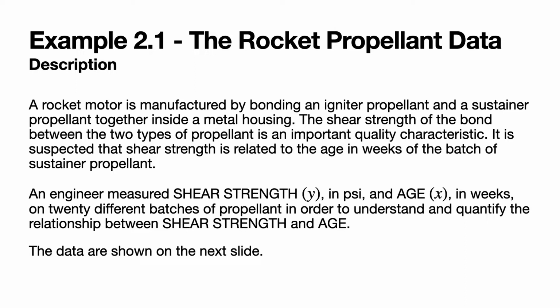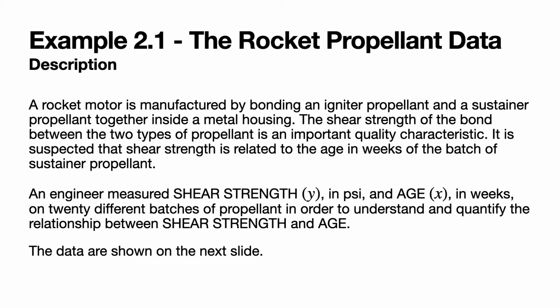An engineer measured the shear strength, which is the response variable y, measured in psi, and age, which is the explanatory variable x, measured in weeks, on 20 different batches of propellant in order to understand and quantify the relationship between shear strength and age.